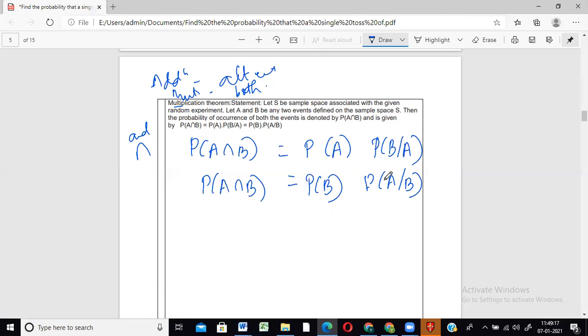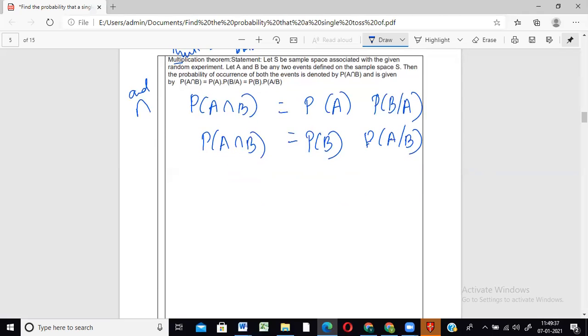Please remember, if you're starting with A, then the next one will be B and last you will have A. If you're starting with B, the next will be A and the last will be B. That way the same alphabets will not come next to each other. That one thing you have to remember. Now let us go to the word problems. Just a second.